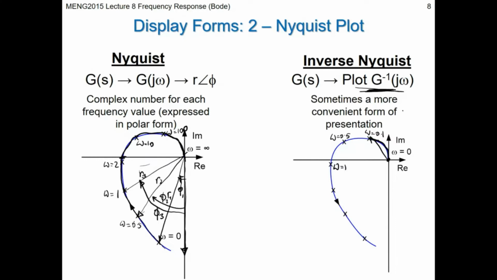For the inverse transfer function, for each value of omega, you'd calculate your R, and you'd calculate your phi. So that's all I'm going to say about Nyquist and inverse Nyquist. You can use it to plot the behavior of the system.